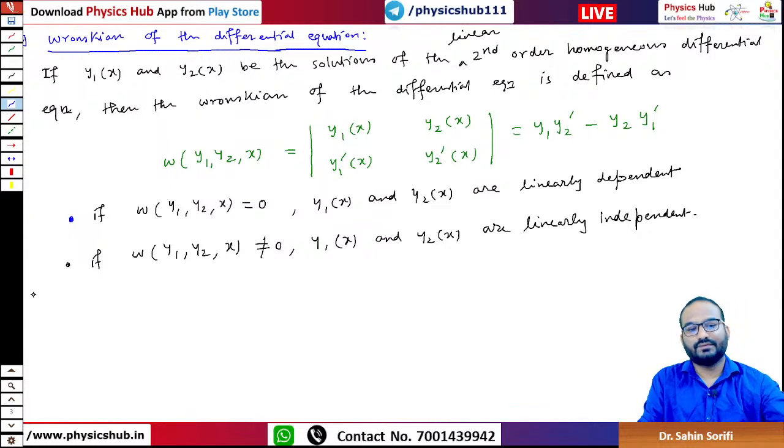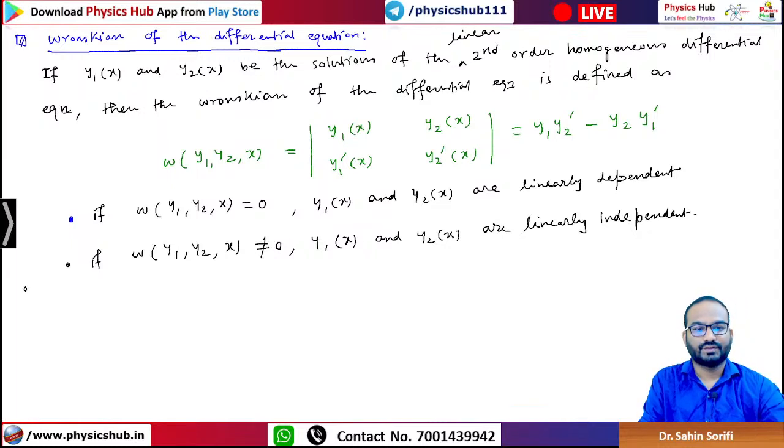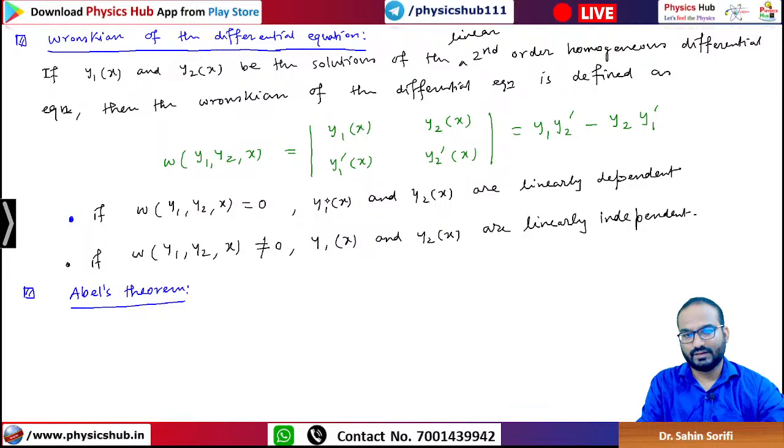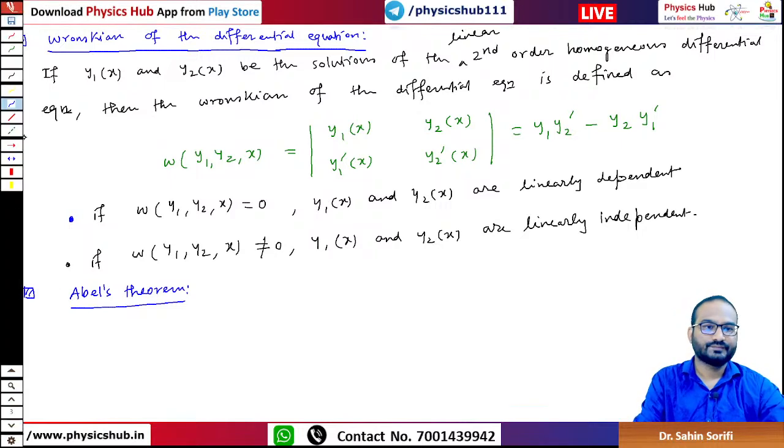Now there is a very important theorem on this Wronskian, called Abel's theorem. What it does: as you can see, the Wronskian is a function of x. So if you know the value of the Wronskian at some particular value of x, you can find out the value of the Wronskian at another x.